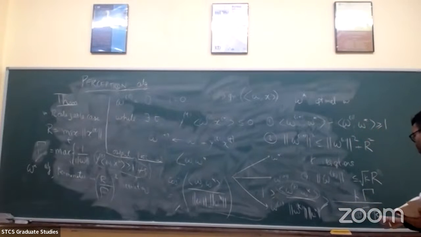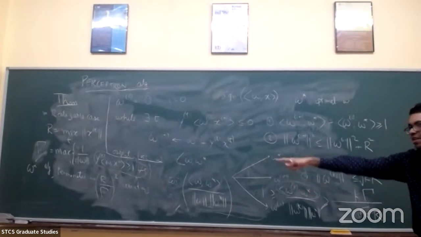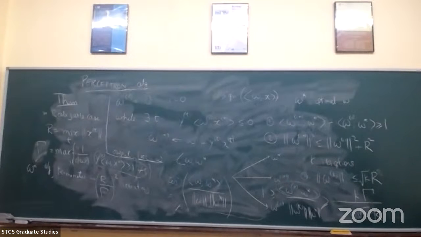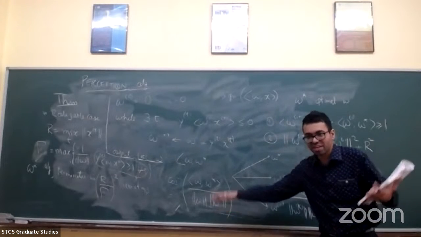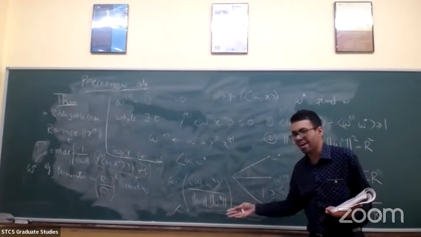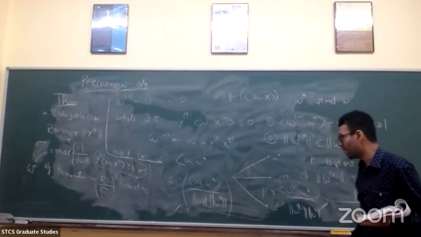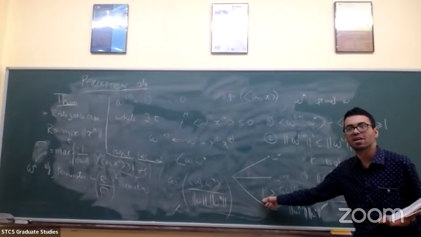So what do I get? I get root K here, and I get R over gamma here. So I get that K is at most R over gamma squared. So that's it. We didn't do anything tricky. This quantity is getting bigger, hopefully at the end of K iterations it's going to be pretty big. It can never go beyond 1.